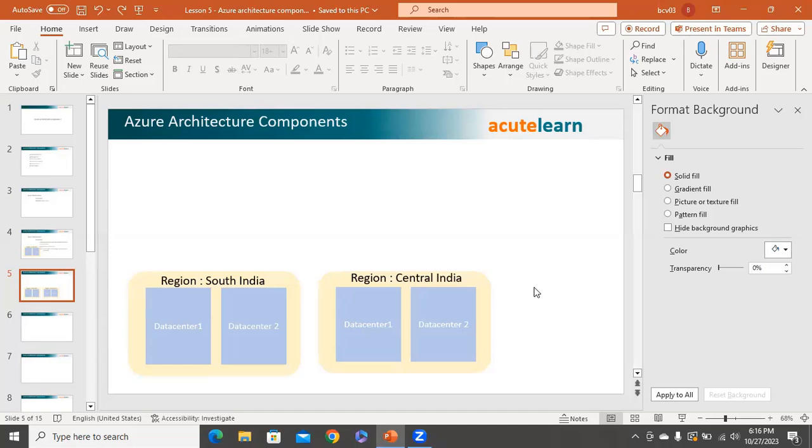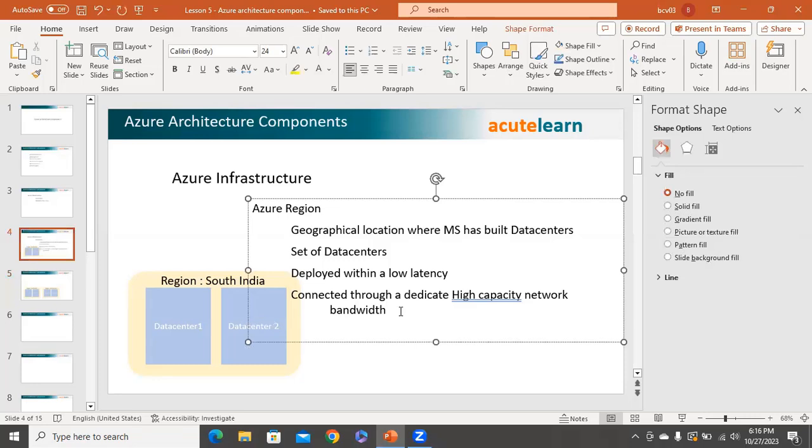Now customers can choose any region and deploy their resources. Customers can choose South India and deploy their virtual machines. Customers can choose Central India and deploy their resources.